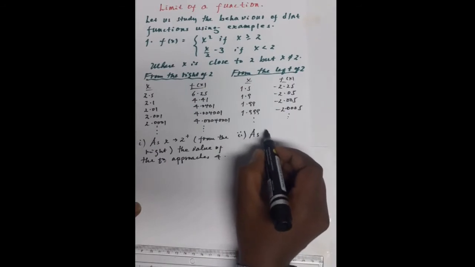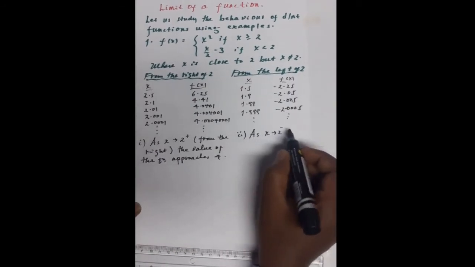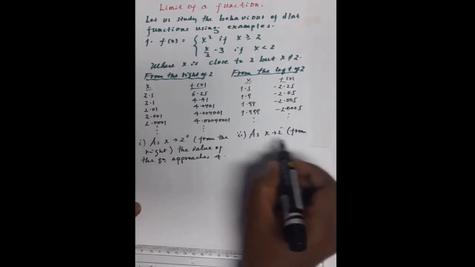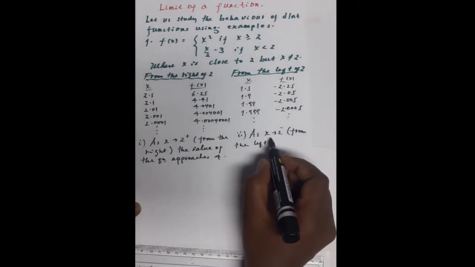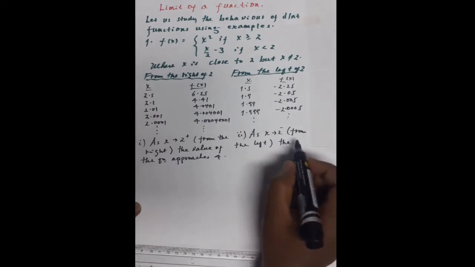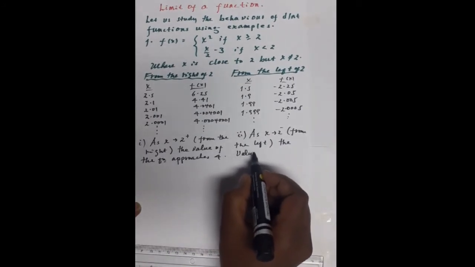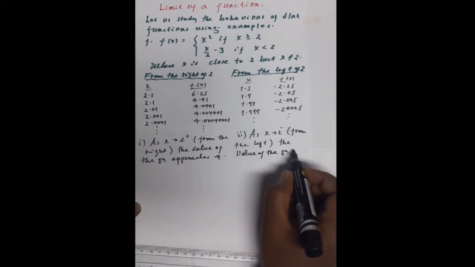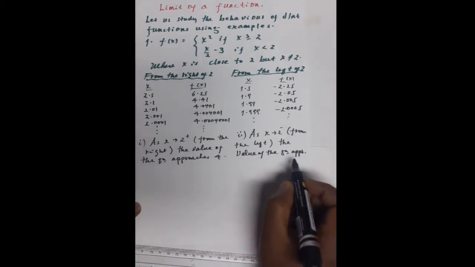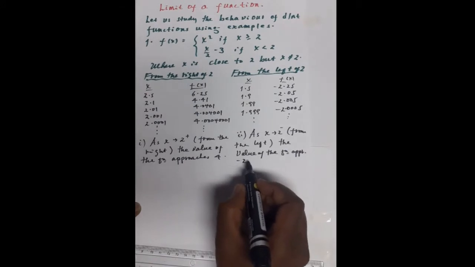As x approaches 2 from the left of 2, the value of the function approaches negative 2.